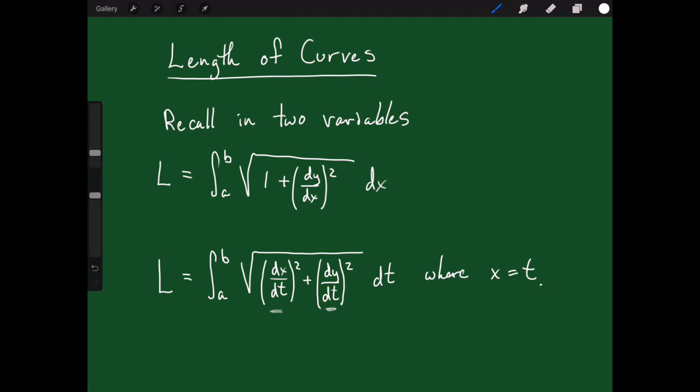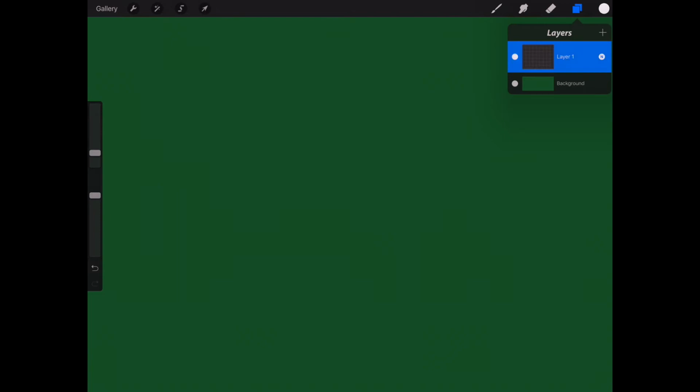But we can even use this same kind of thinking in 3 dimensions. This generalizes to the 3rd dimension.